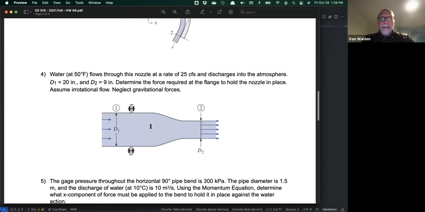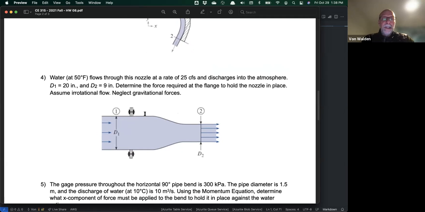Now in this one, a nozzle, when you draw your control volume around this bracket and then out to this nozzle, you will have a single external pressure force at point 1.